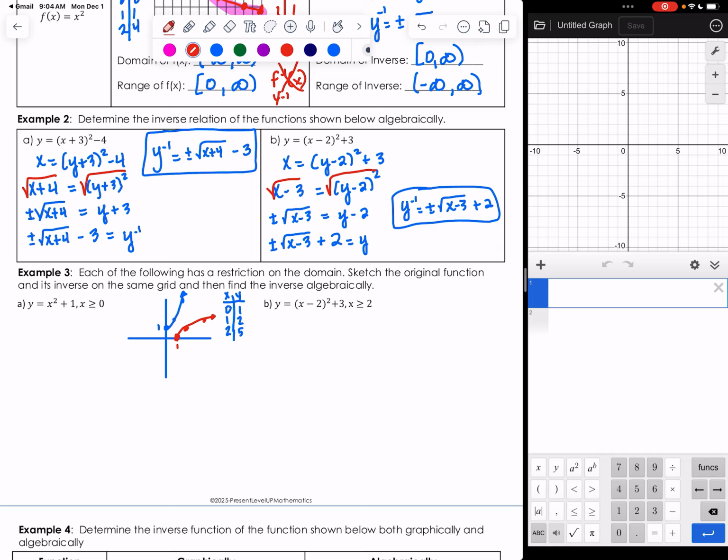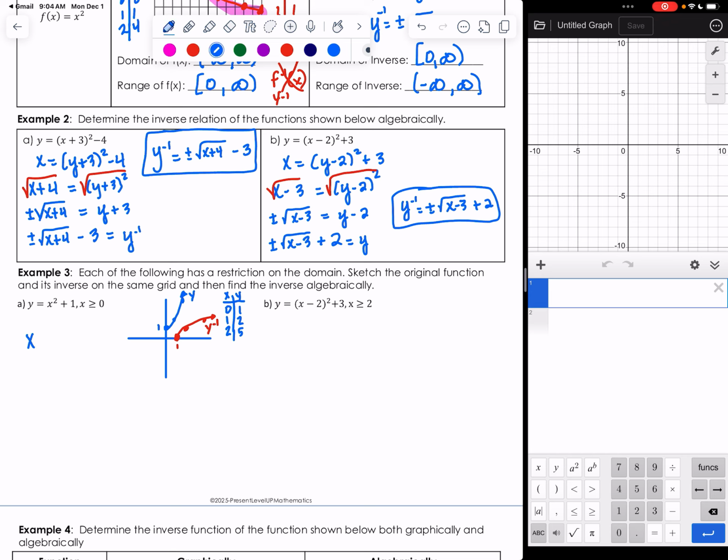Okay? So here is y, and here is y inverse. And they want us to find the inverse algebraically now. So we found it graphically, now we want to find it algebraically. So we're going to use the process we did above.